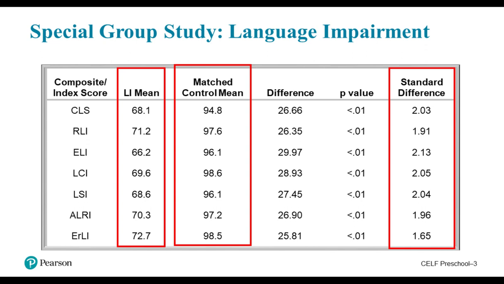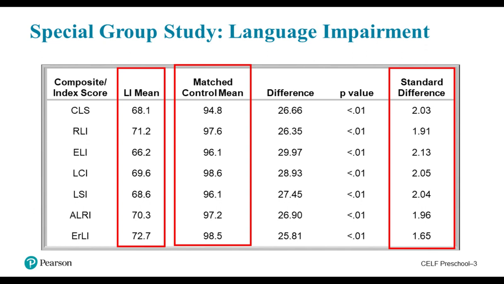The CELF Preschool-3 was administered to 79 children diagnosed with a language impairment as part of the standardization validity research. The study compares the performance of children identified with a language impairment and that of a matched control. The standard difference is the effect size, which expresses the difference between two scores in SD units. This allows for comparison of discrepancy scores across tests.